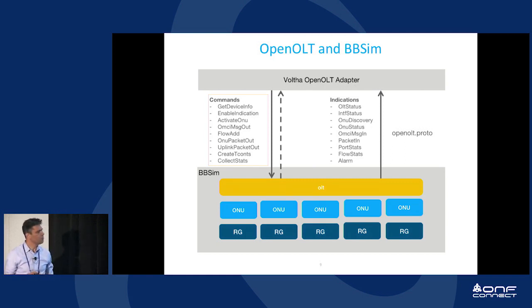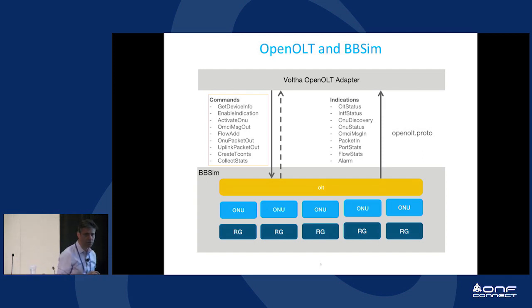Kieta from NTT worked on the BBSIM, which implements the OpenOLT API. This is what we used in the BBWF demo, and you can see it out here in the expo area as well. An instance of the BBSIM simulates a single OLT with multiple ONUs.